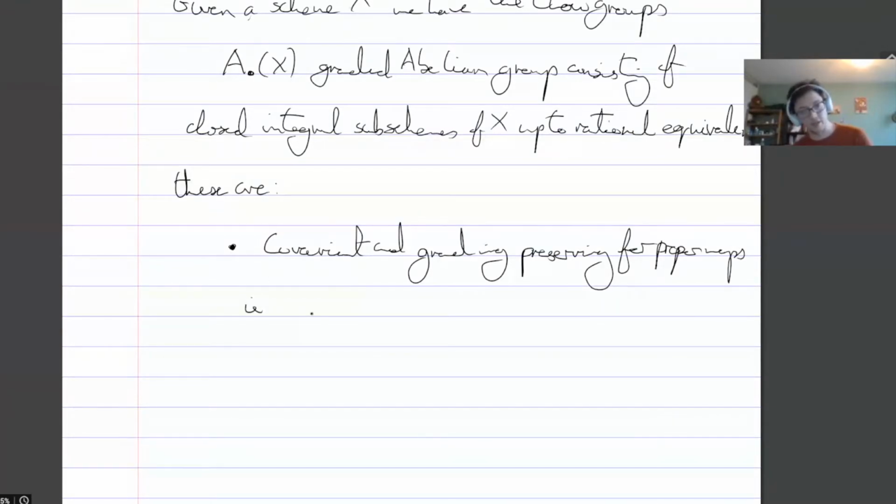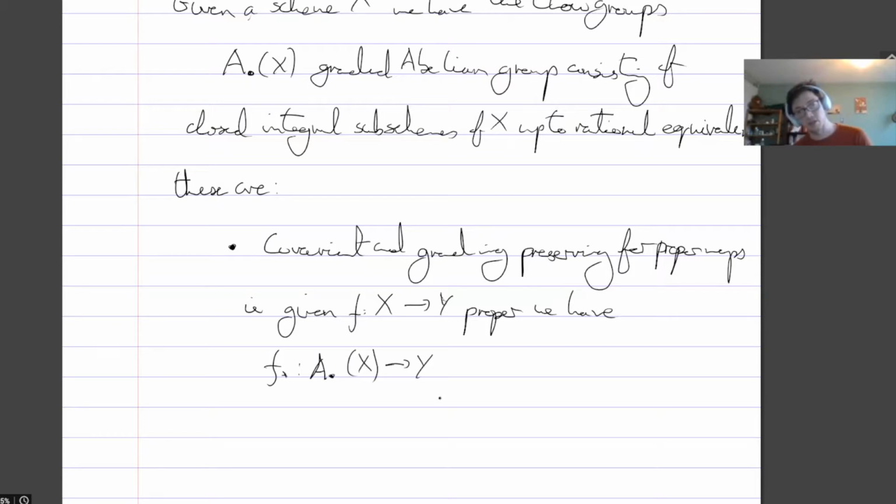So i.e. I give you f, X to Y, proper, we have a proper pushforward map f lower star, and it preserves the grading, A lower dot of Y.